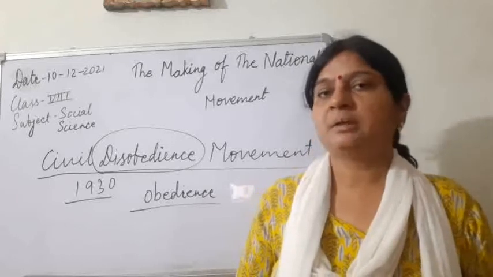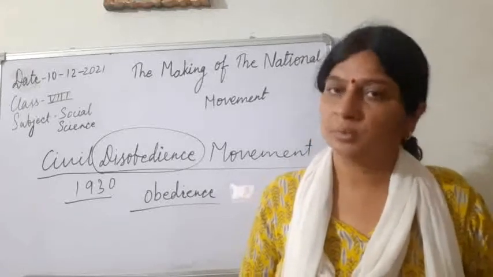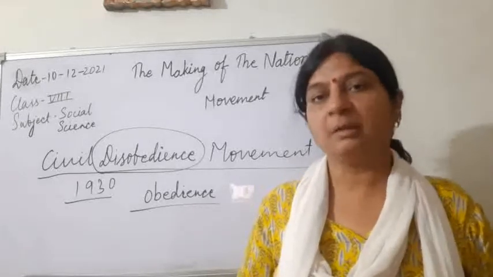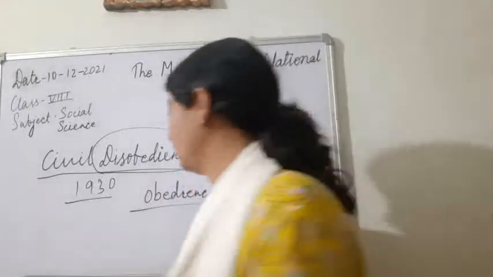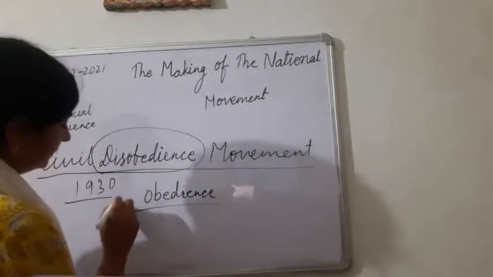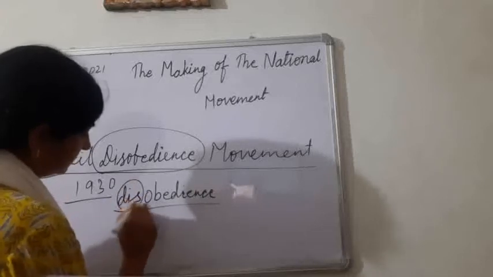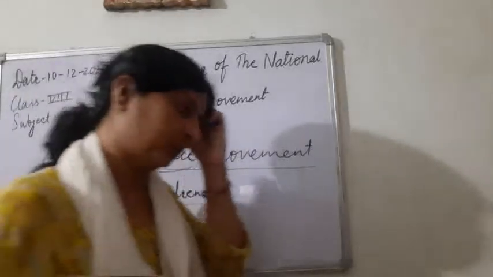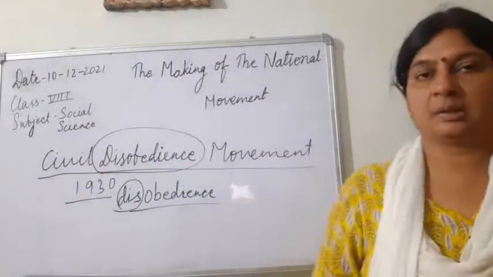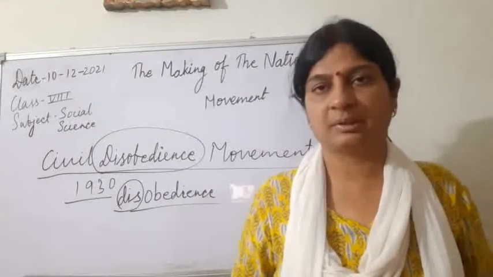So obedient means one who is obedient, who follows the rules and the laws. Now disobedience: what has been added before obedience? Dis. Whenever this type of prefix, this dis, is associated with any word, it means the opposite. What is the opposite of obedience? The antonym of obedience is disobedience, isn't it?